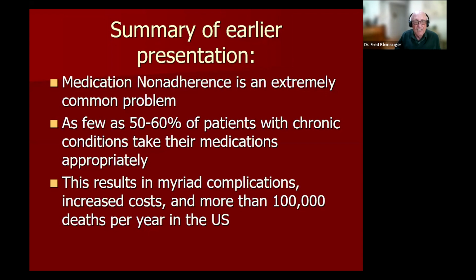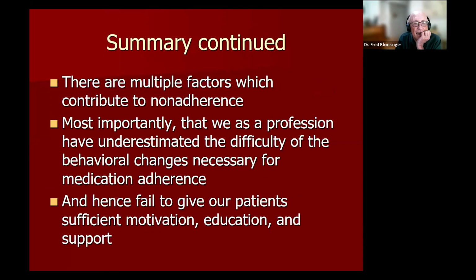I'll just mention this now because many people, when I've talked about this in the past, say, well, sure, hypertension largely is asymptomatic, but what about symptomatic conditions? And unfortunately, the studies for symptomatic conditions, ranging from, say, asthma/COPD to mental health conditions, also show pretty low adherence figures. Anyhow, there are multiple factors which contribute to non-adherence.